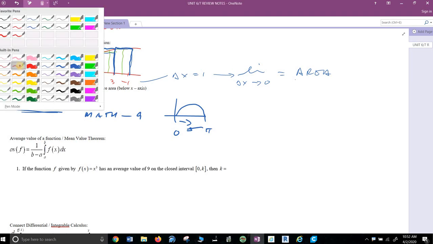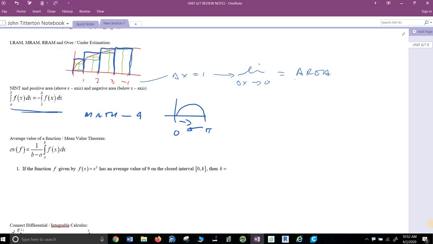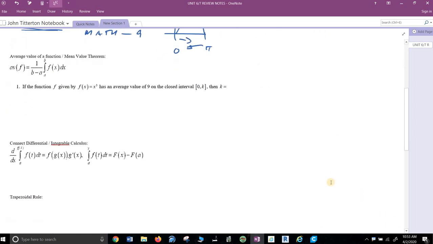Be aware of it. And average value of a function, you take the integral from a to b and you divide by b minus a. So for example, I've written up a problem here, or I've stolen a problem here. Average value of 9.